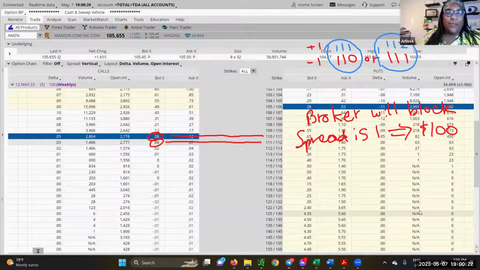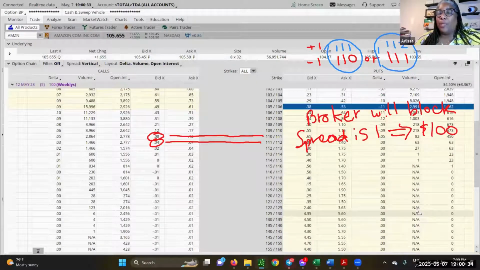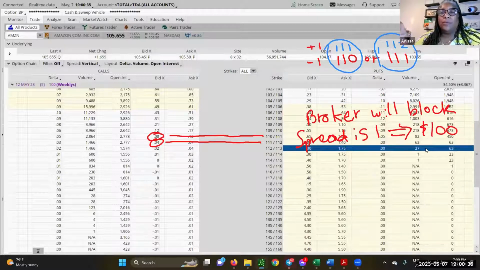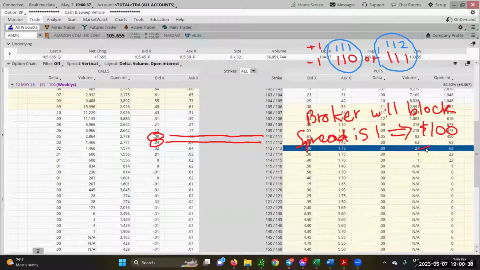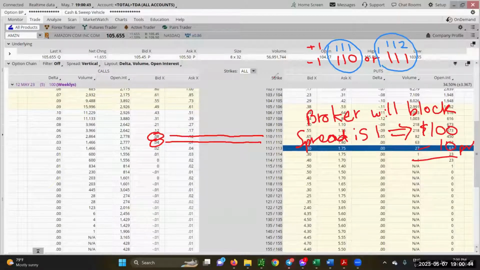And if we were to pick the 110, when I picked this, it filled with a $10 credit. So that happens when you push the button. A $10 credit, that's our premium, right? Minus the $10 premium, how much money are we gonna have to then block up? $90.